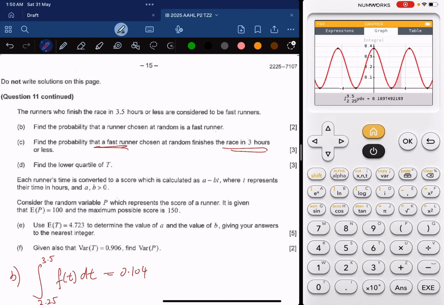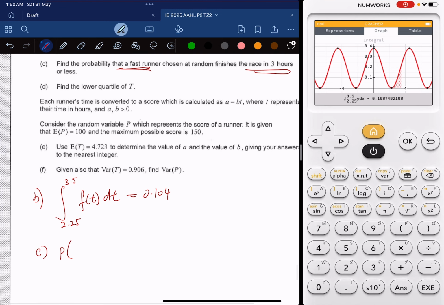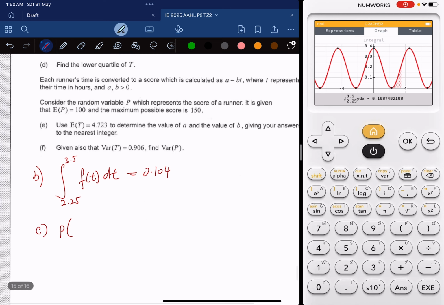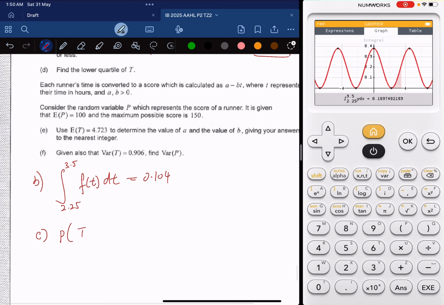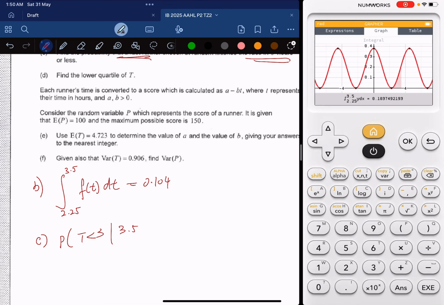So we want t less than 3, given that it's a fast runner already. Okay, so given that t is less than 3.5 already.